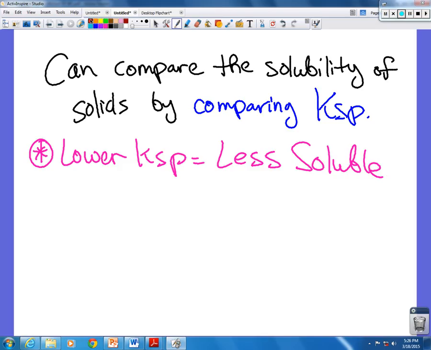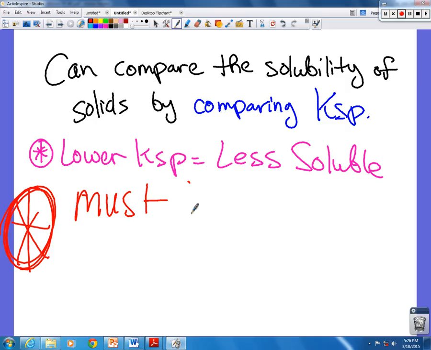Now, there is one major important fact about that statement that makes this doable. What has to be the same to compare? Very good.